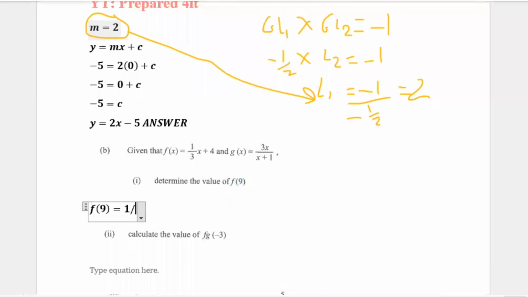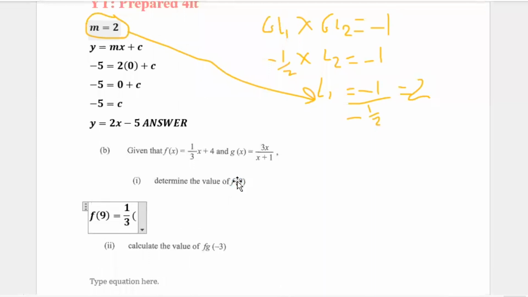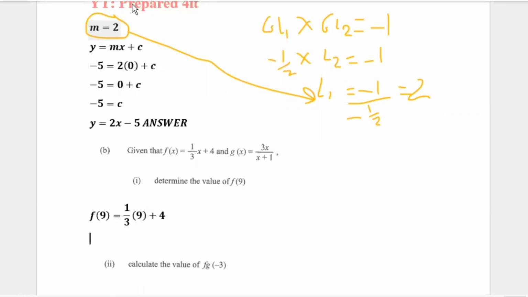So you're doing 1/3 x. Wherever we see x, we're going to write 9. So it is 1/3 9 plus 4. We can do some amount of canceling here. So 3 into itself goes 1 time. 3 into 9 goes 3 times.